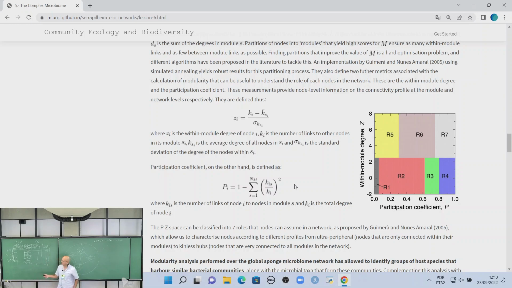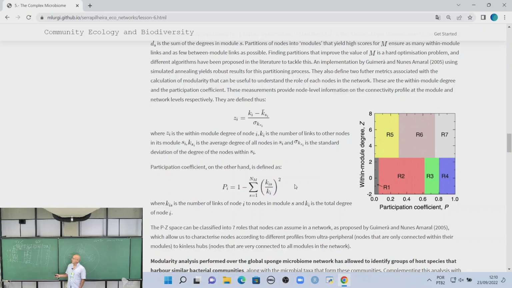With these two quantities, you can draw a plane of P versus Z, or Z versus P, and by partitioning this space into these 7 different regions, you can come up with discrete roles that nodes can take in the network.